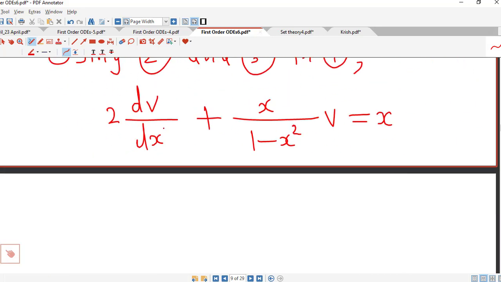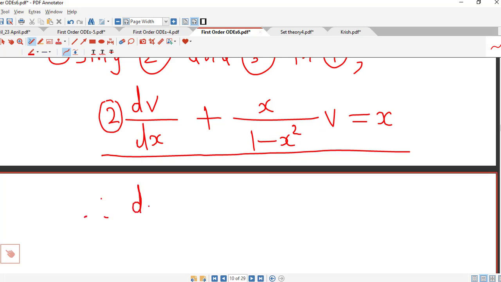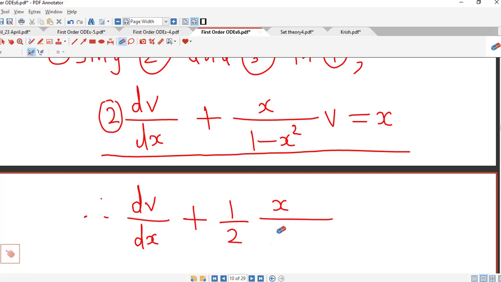Now to convert this into standard form of linear differential equation, we must have this coefficient 1. So we multiply by 1/2, or we divide the whole equation by 2, and we have this v equal to x over 2.